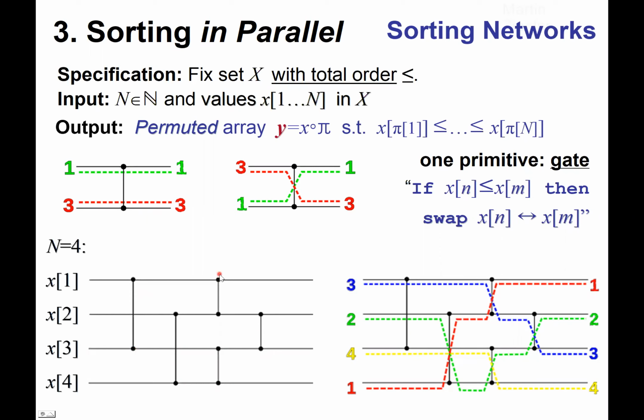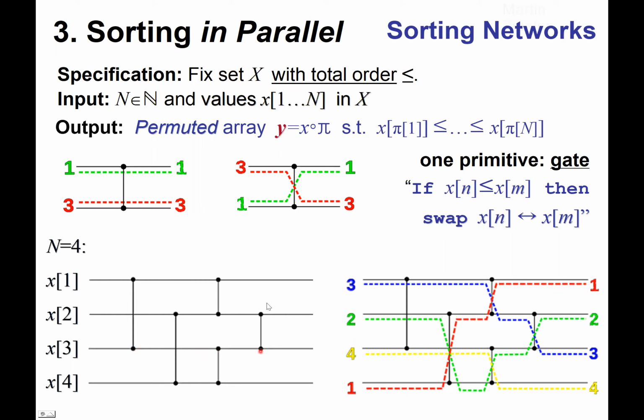Same here. Here it's even more visually striking. These two are being compared, these two are being compared, and they don't affect each other, so they can be conducted simultaneously. But this one must only be conducted after this one has ended, because they both access the same data. Similar here, this one can only be executed after this one has finished, because it uses the same data.